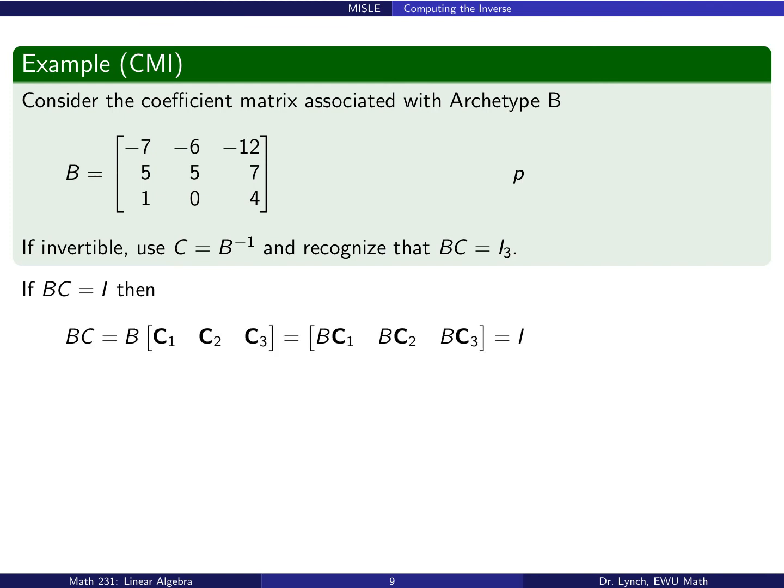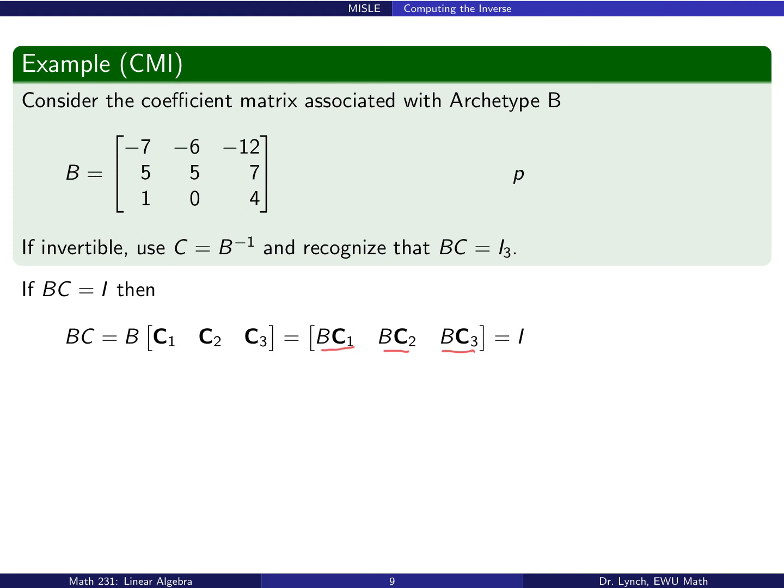If that's true, then we can use matrix multiplication to recognize that B times C1 has to be the first column of the identity matrix. B times C2 has to be the second column of the identity matrix. And B times C3 has to be the third column of the identity matrix.